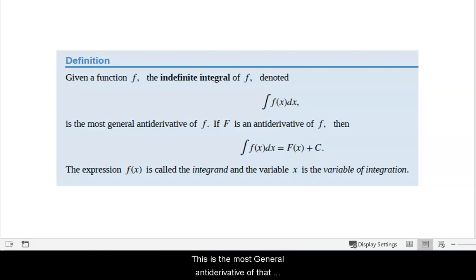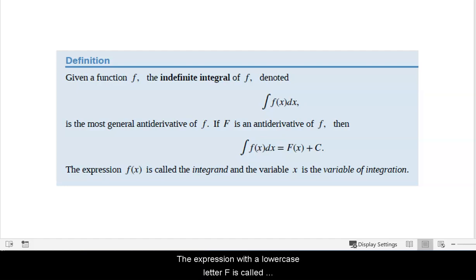This is the most general antiderivative of that lowercase letter f function. If you let uppercase letter F be any of the antiderivative functions of lowercase letter f, then you can write that that integral is equal to uppercase letter F plus some constant.